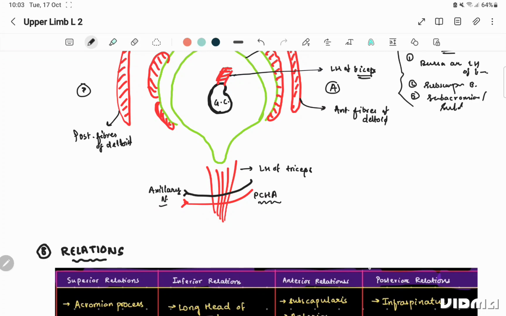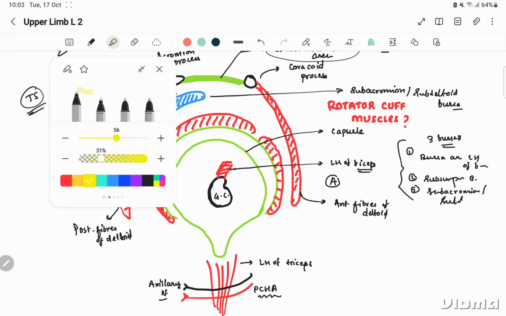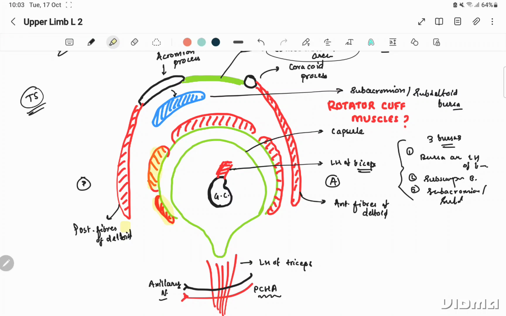Okay. Then we have the cuff muscles, the rotator cuff muscles. These four muscles, let me highlight them. This one, this one, this one, and this one. These four muscles are called the rotator cuff muscles. So the first rotator cuff muscle here is the teres minor. The second one is the infraspinatus.